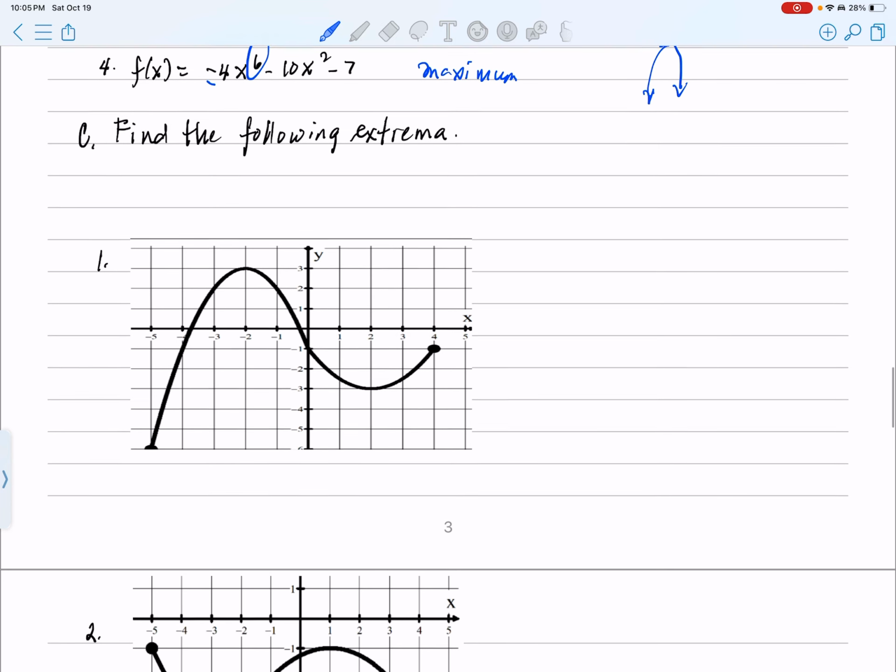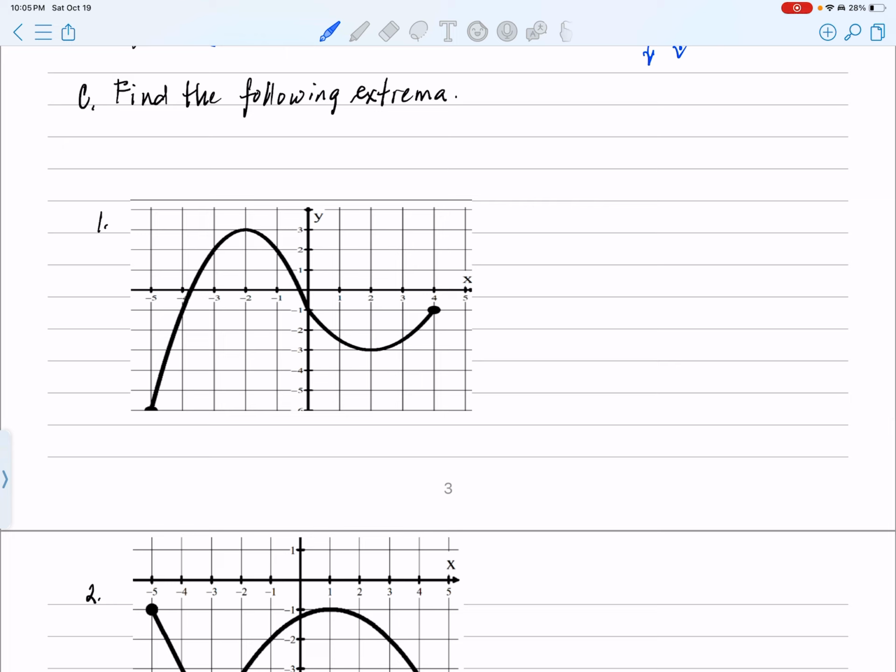Okay, let's do this. You have the graph. Okay, extrema, whether it's a local or a global. When we say, let's say absolute minimum, we have a point right here.